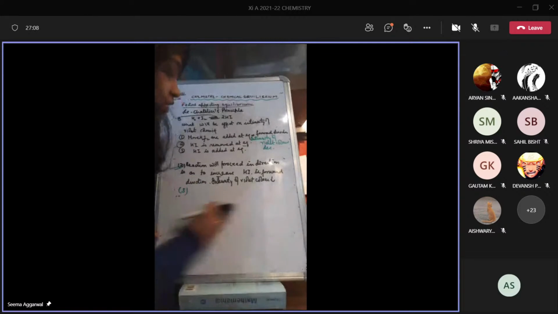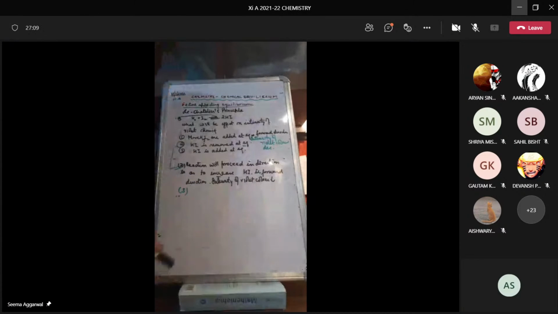Now just see again. Ma'am, violet will increase, right? Okay, if HI is added at equilibrium, it means I am adding more amount of HI, so the reaction will proceed so as to decrease the amount of HI. If I am adding something, the reaction will proceed in a direction so that HI decreases.